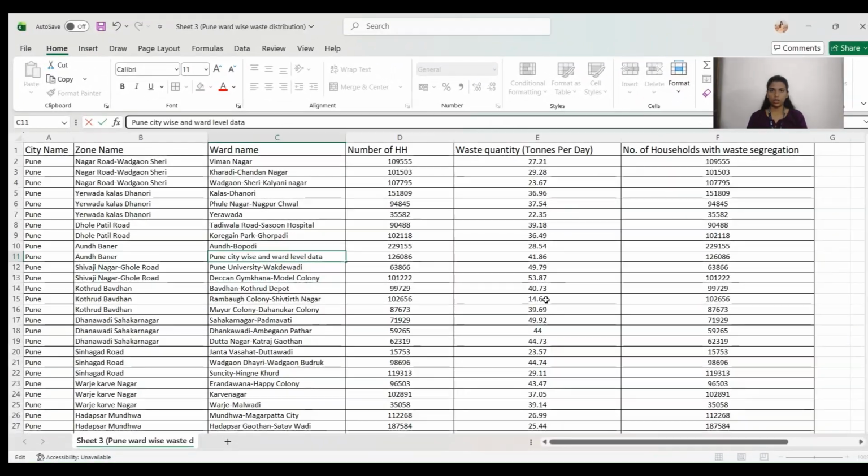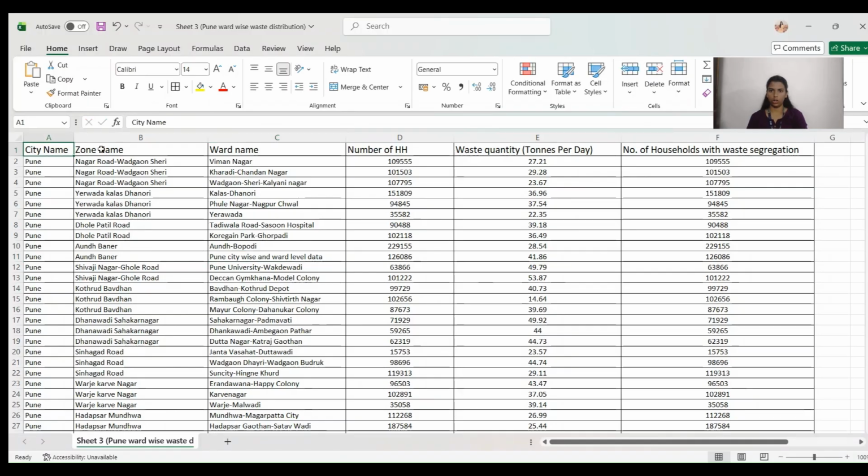The next sheet is all about Pune city-wise and ward level data for waste generation. It contains columns like city name, which is Pune, zone name, ward name, number of households, waste quantity, which is again in tons per day, and number of households with waste segregation. This data set enables micro level analysis.